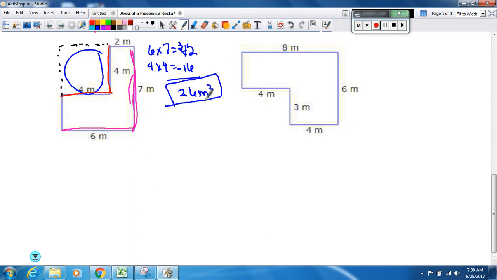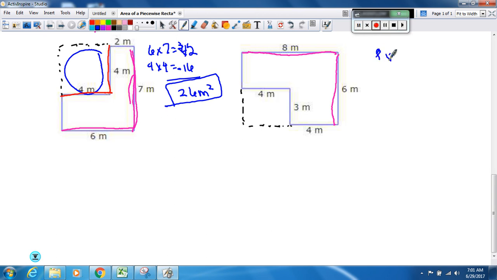This next one. Here's the hole. Okay, so for the entire thing, it's 8 times 6, and they gave you everything you needed there. You didn't have to figure it out.